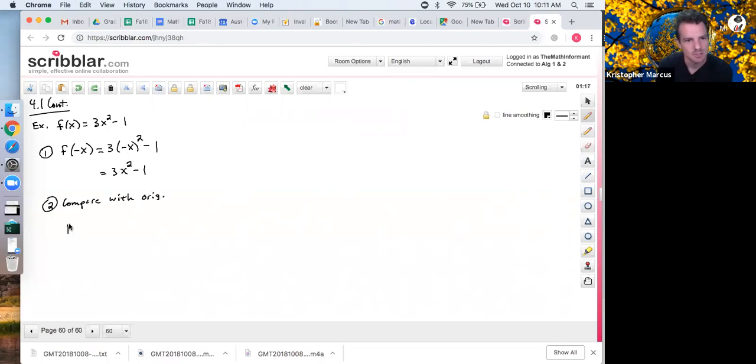So notationally, is the original f of x equal to f of negative x? And you can see, without me even writing it down, the original was 3x squared minus 1. F of negative x, we just got it from step 1, was 3x squared minus 1. Oh, well, those are the same.